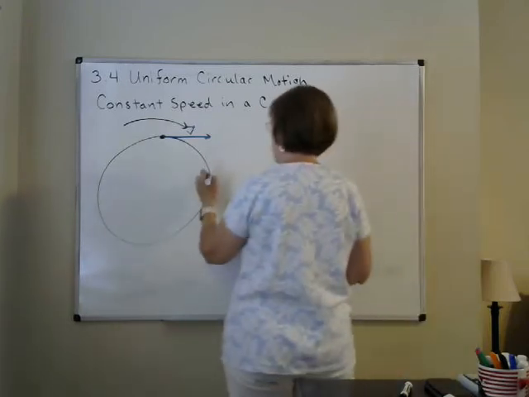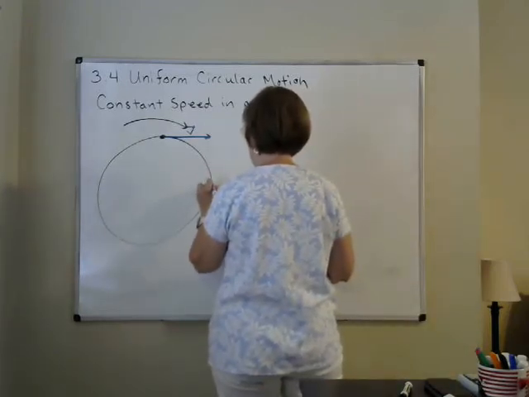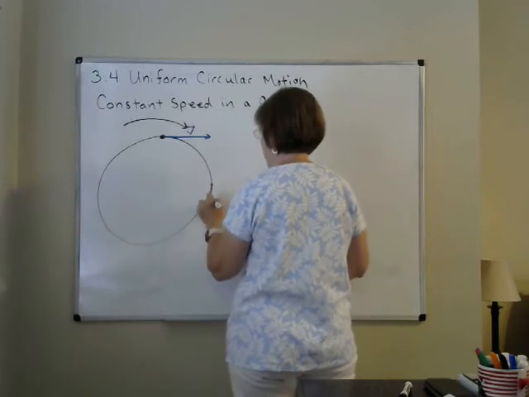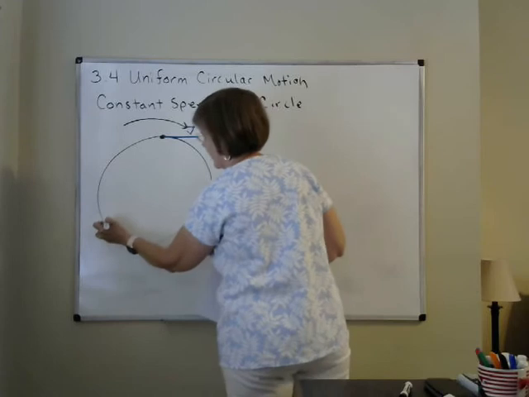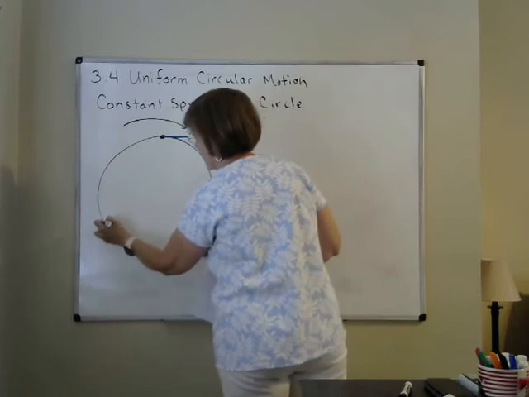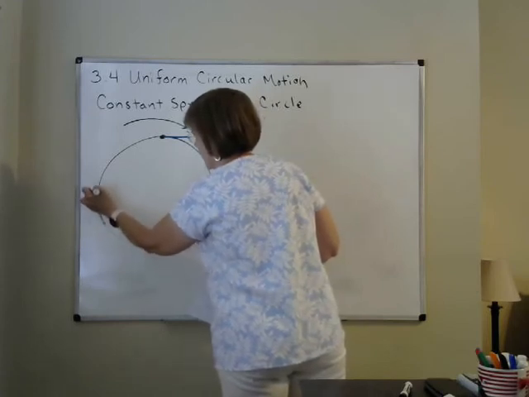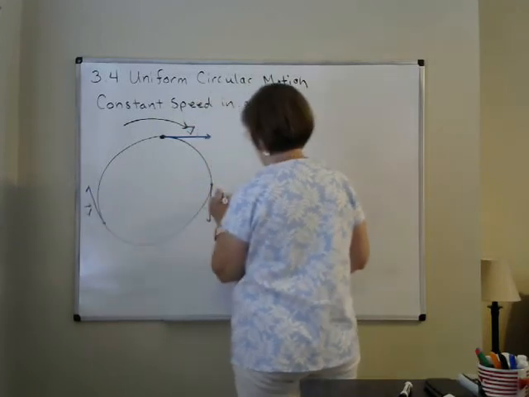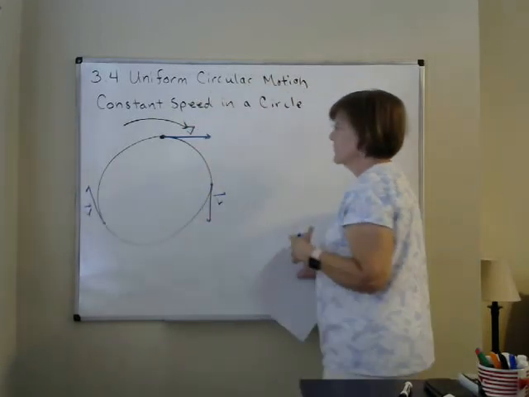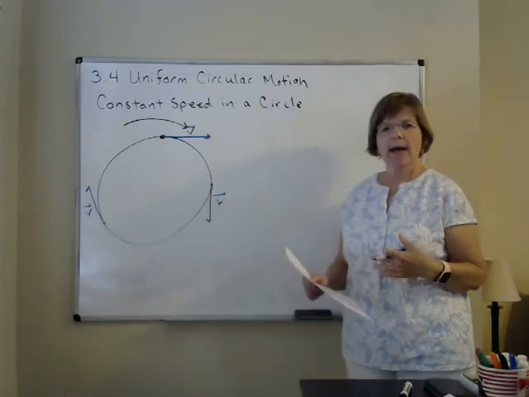If I come down here at some other point, tangent to the path there would point straight down. If we come over here at an angle, tangent to the path points something like this. But the velocity vector is always tangent to the path.